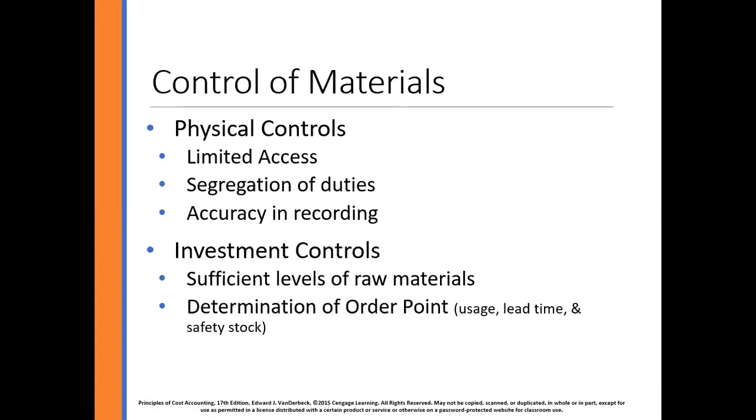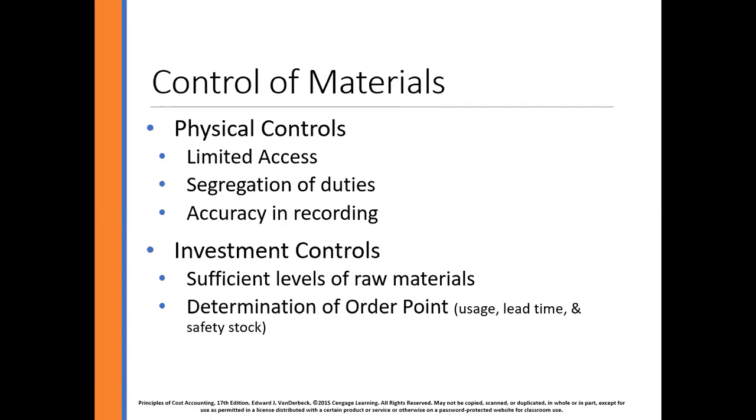So if the purchasing manager has authorization to order the materials, the accounting department has the ability to record the transaction, and the stockroom manager has control over the materials, for example. Just like it tells us in our book, and just like we've read in other accounting books, we could have the segregation of duties in place and there could still be the potential for misappropriation or misuse of assets, but certainly the segregation of duties cuts down on that. And then accuracy in recording.